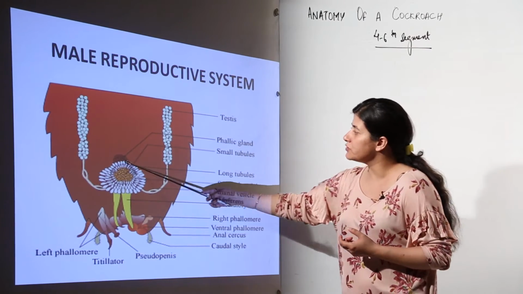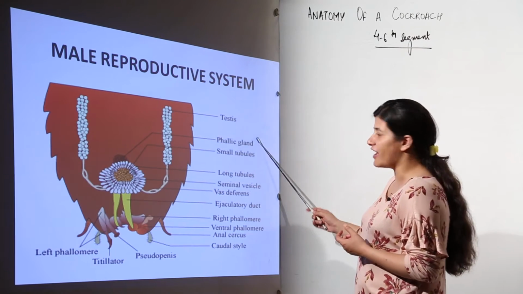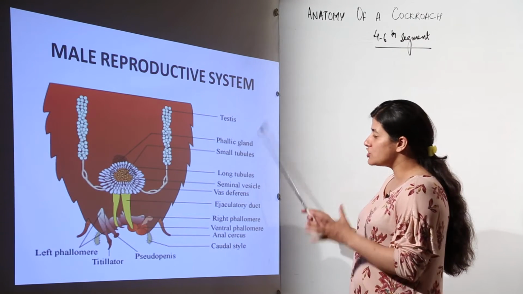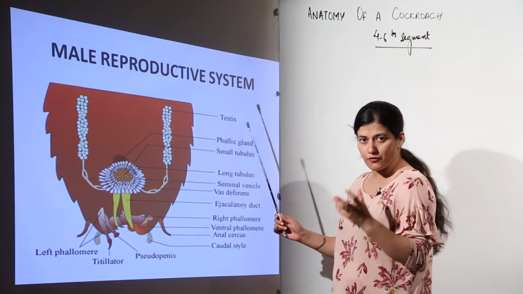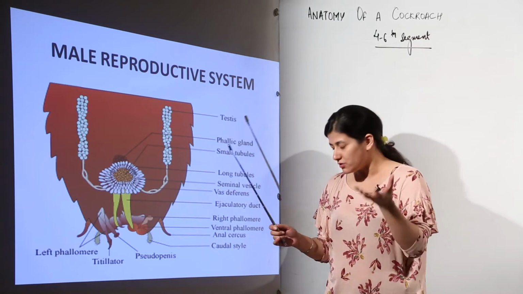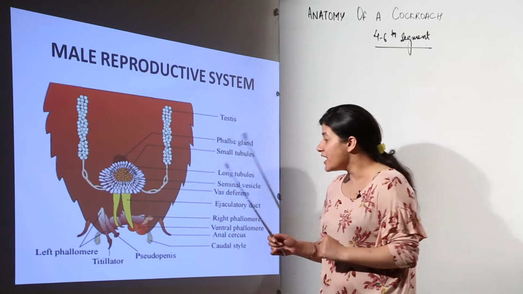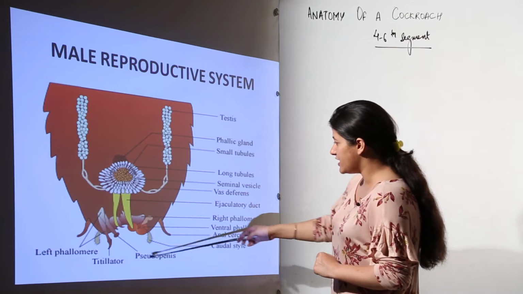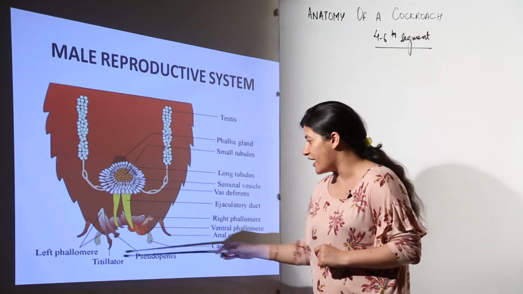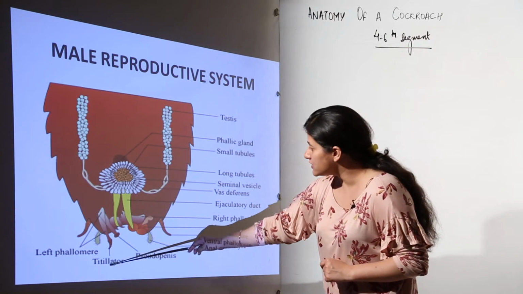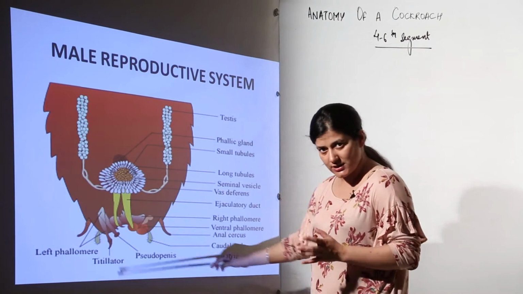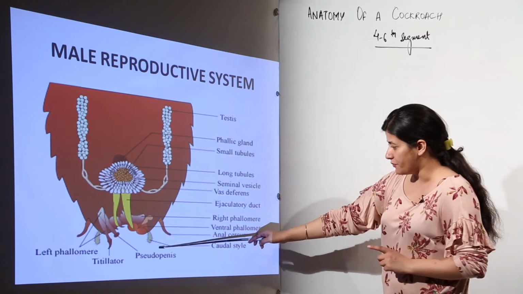The long tubules of the mushroom gland are present, and there is a phallic gland that is responsible for formation of a unit that contains the sperms. Then we have these external genitalia, which are the left phallomere, the pseudopenis, and the titillator. These are all the external genitalia, you need not remember them. The styles are present over here.